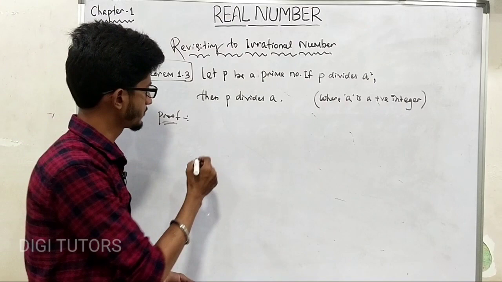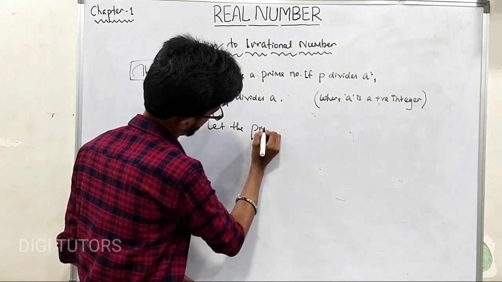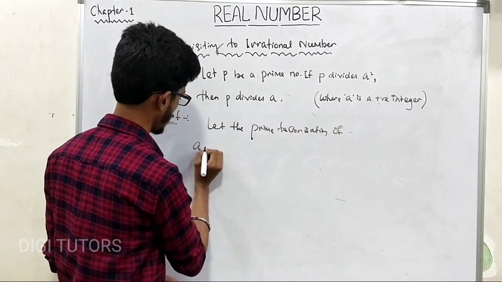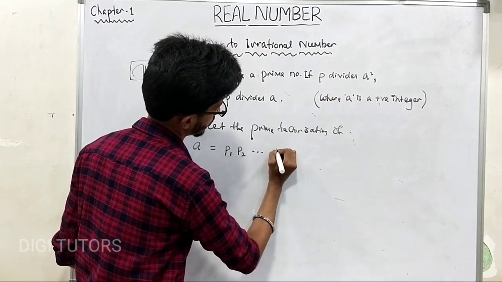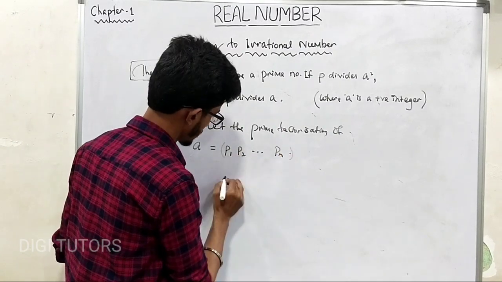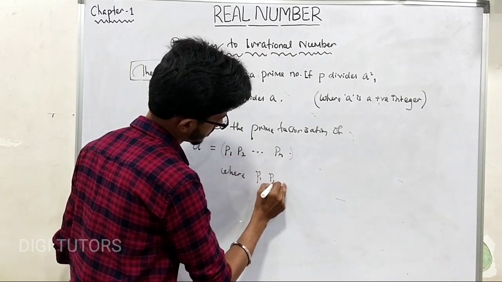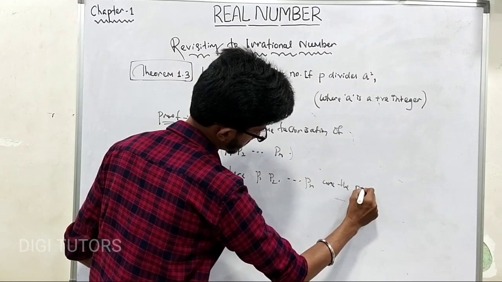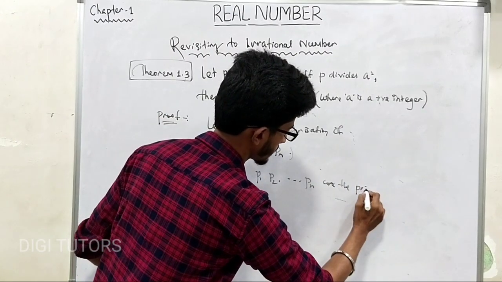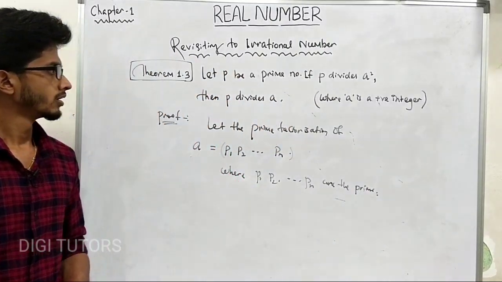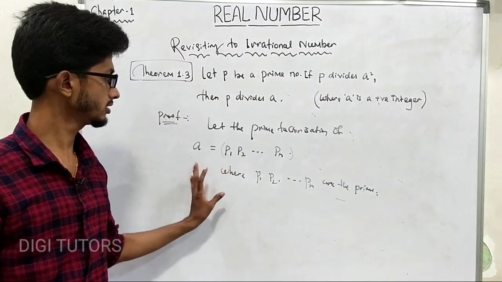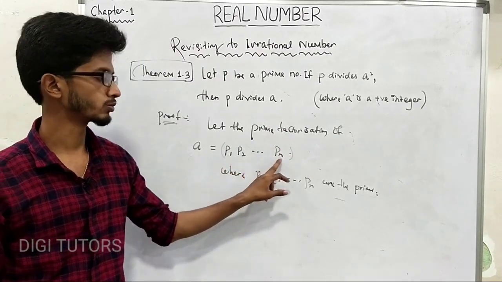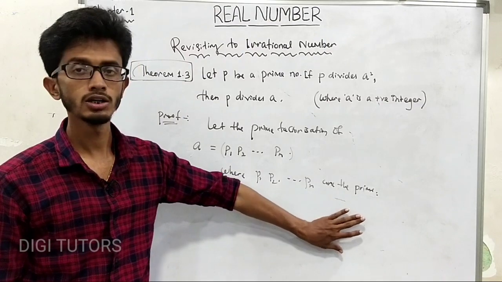Here is our proof. Let the prime factorization of a be p1 p2 up to pn, where p1, p2, pn are primes. Here a is any positive integer, which means we can take it as a composite number, and this is its prime factorization, the product of primes.